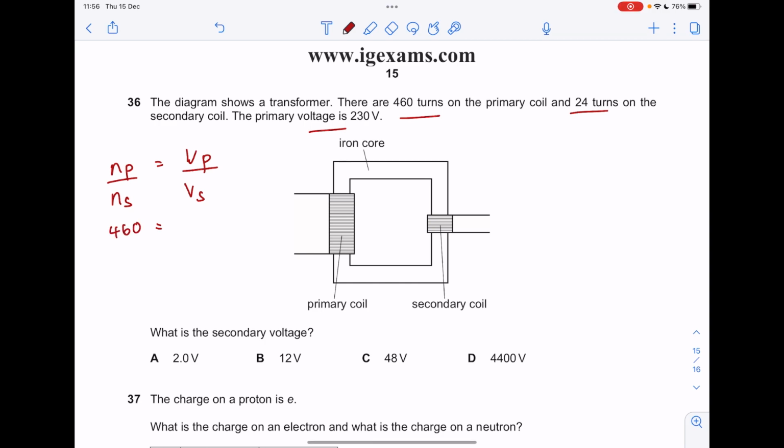Number of turns on the primary is 460, number of turns on the secondary is 24, voltage primary is 230, and we're after the secondary voltage. So do this side of the equation first of all, 460 divided by 24, and then take that number and do 230 divided by it to find that X equals 12 volts.